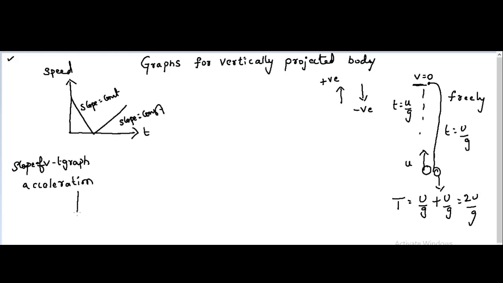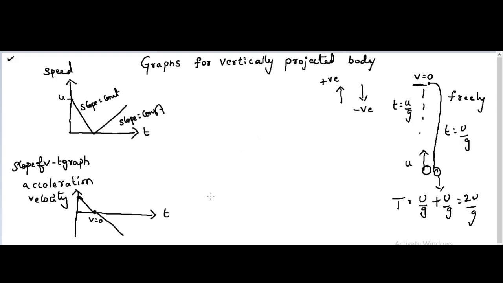Then if you draw a velocity time graph, initially it has some initial velocity u, and then after reaching the greatest point with constant retardation, constant acceleration, it achieves zero velocity, and then moving downward, the velocity becomes negative. So this is the v-t graph for vertically projected bodies.